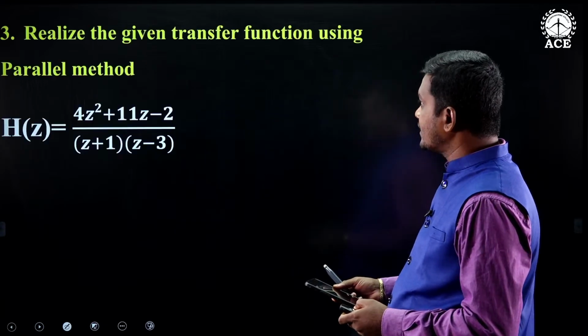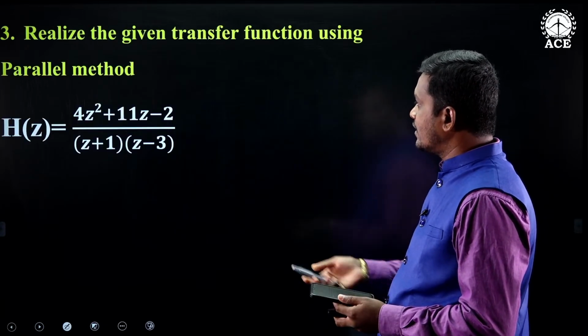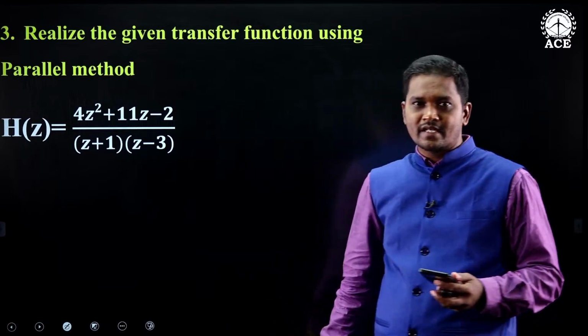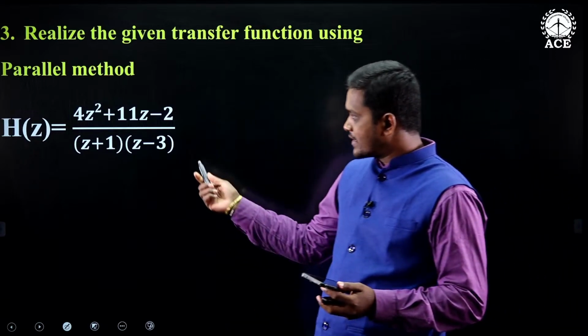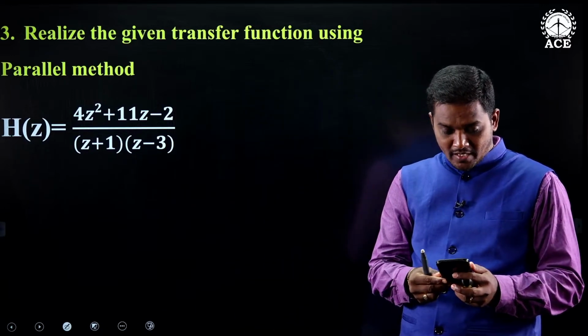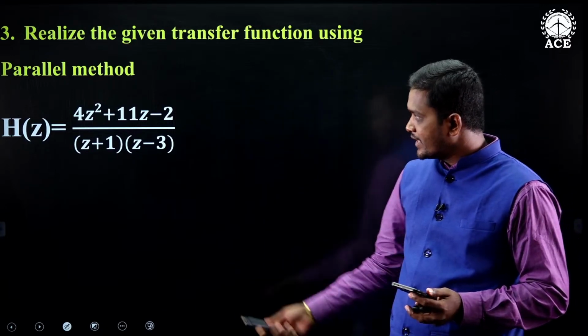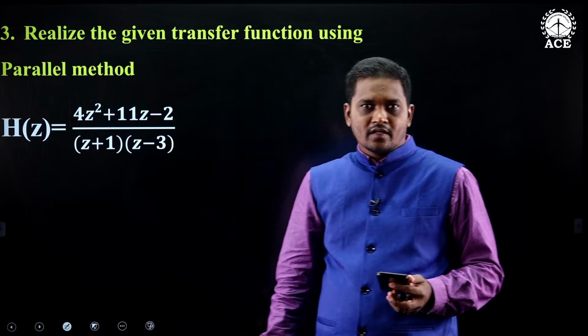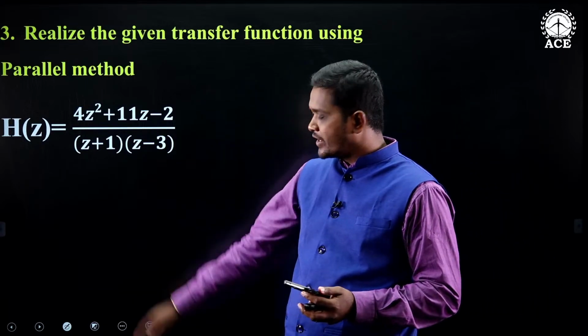Okay, note down, Nandini. This is one question: 4z square plus 11z minus 2 by z plus 1 into z minus 3. Note down, this is the question, parallel form. Here also numerator order equals denominator order.